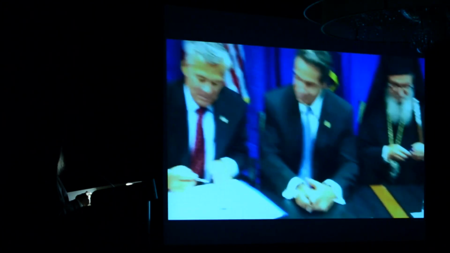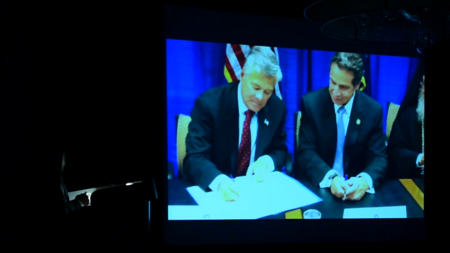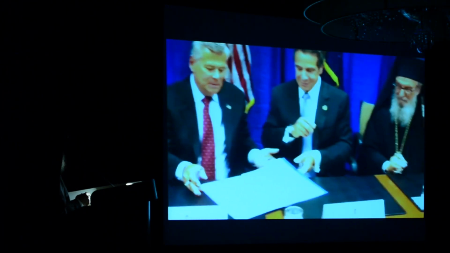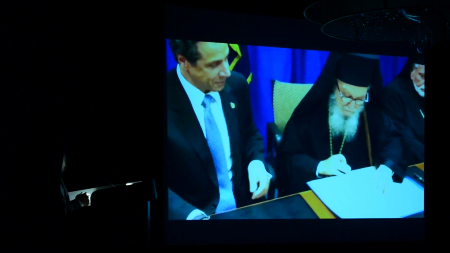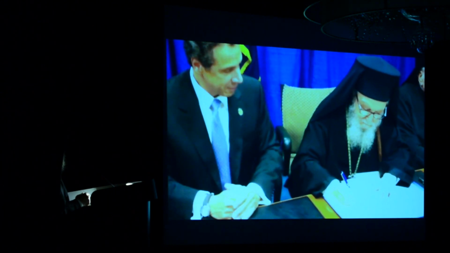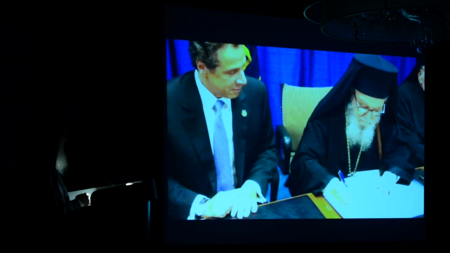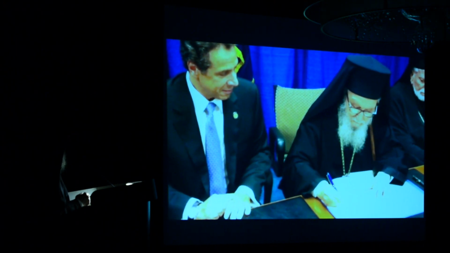The second person signing is the chair of the Senate of New York State. Your Eminence. That's a historic point. We thought of including it in today's presentation.